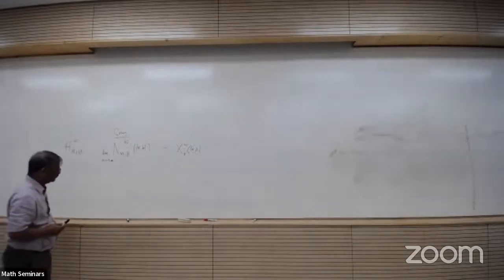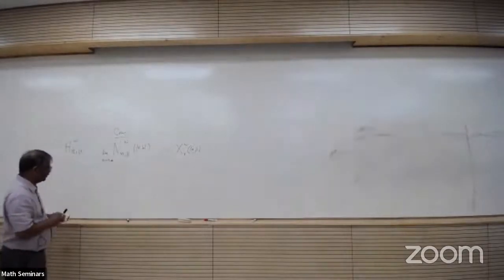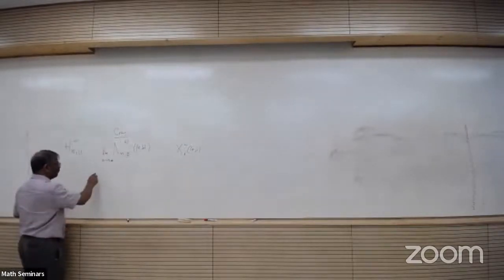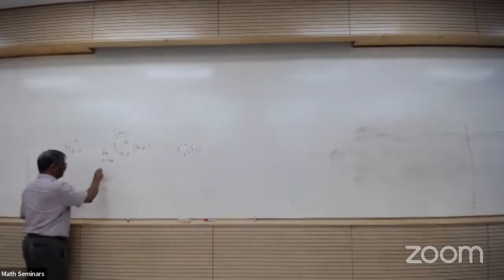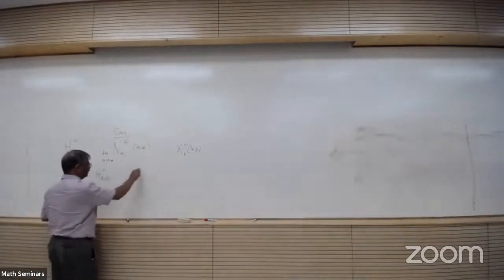So first we take a random band matrix H_{N,W}(omega), like that.